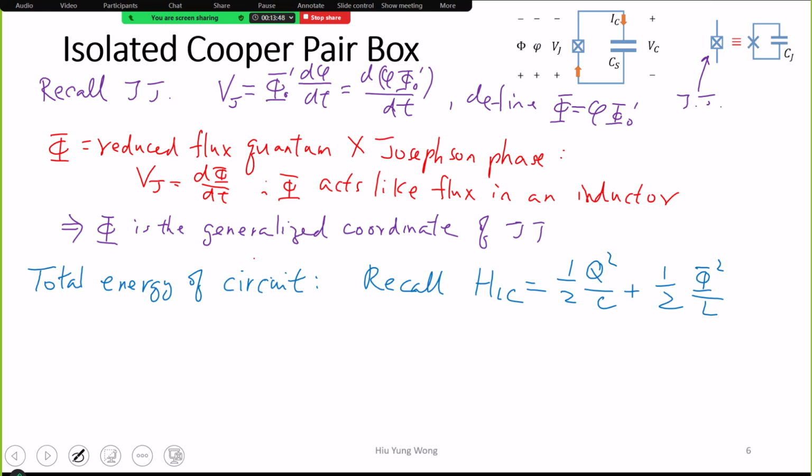Now, if this is the case, then what is the total energy of the circuit? I still have the same capacitor, so I should have 1 over 2, Q squared divided by C as the capacitive energy. And then I have the Josephson junction energy.